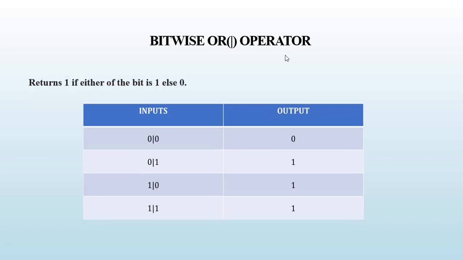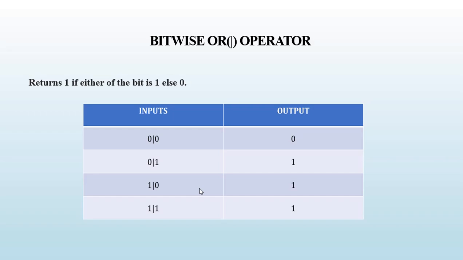The next operator, bitwise OR. Here, if any one of the inputs is true, we will get output as true. If both the inputs are false only, we will get output as false. We all know 0 represents false and 1 represents true Boolean values.